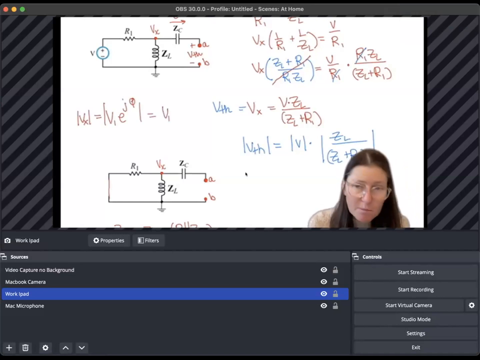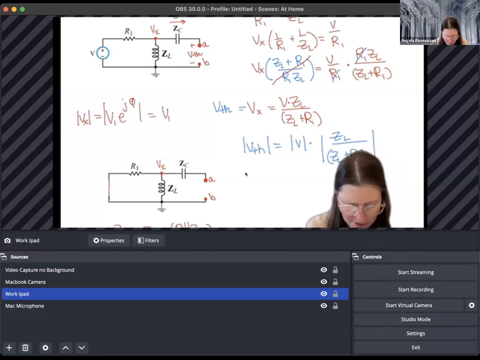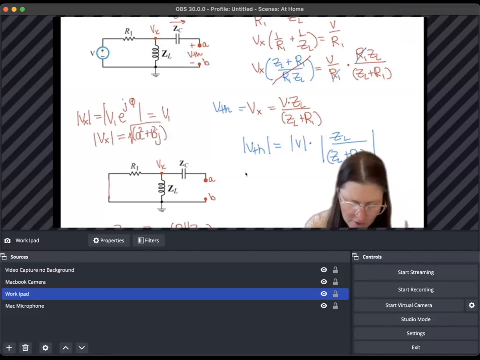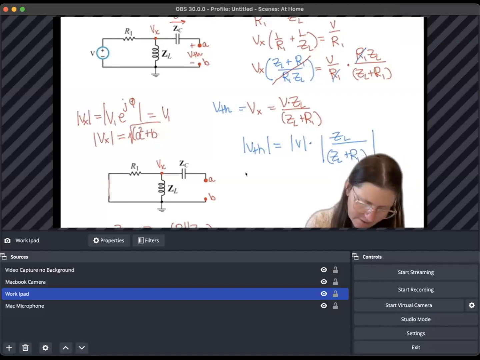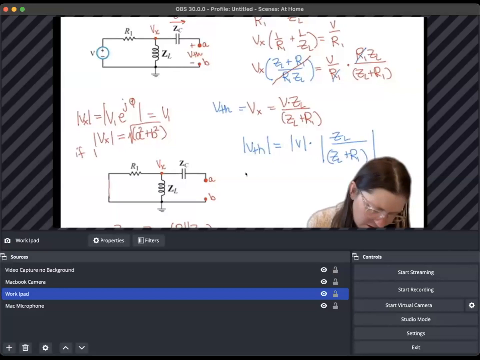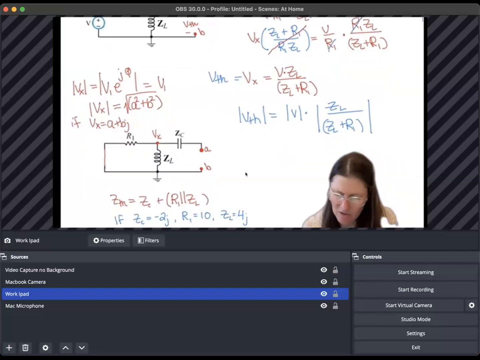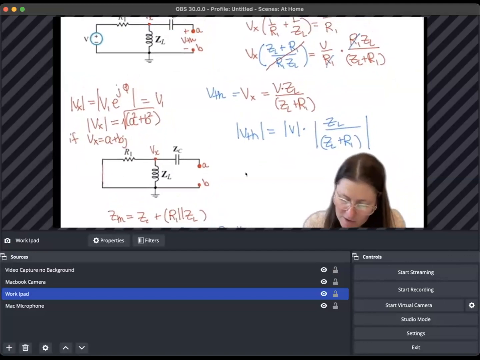And in rectangular form, it would be the square root of A squared plus B squared. Right. And what about the ZL over ZL plus R1? Because I think ZL had a J, right? If we didn't do it symbolically, ZL would have a J.